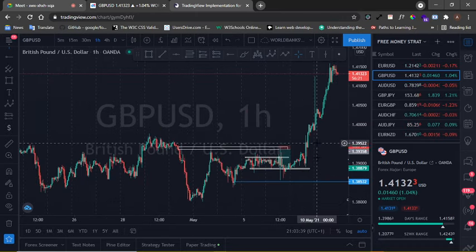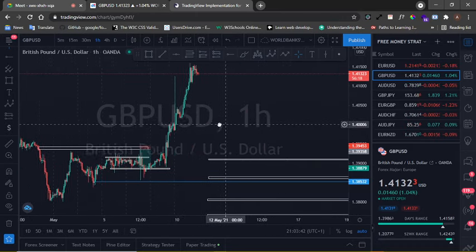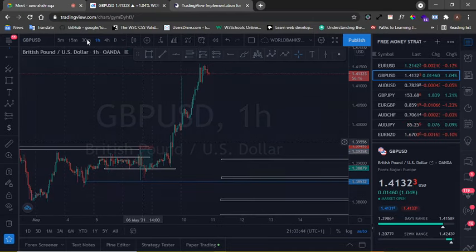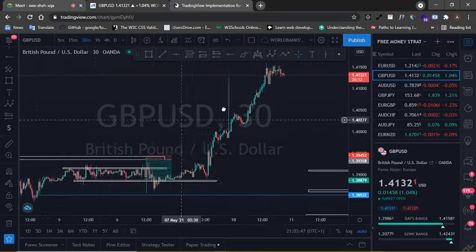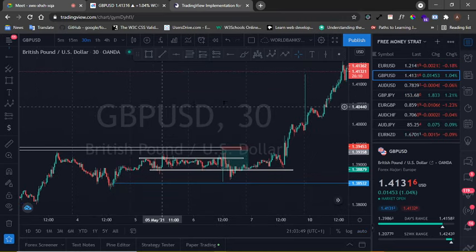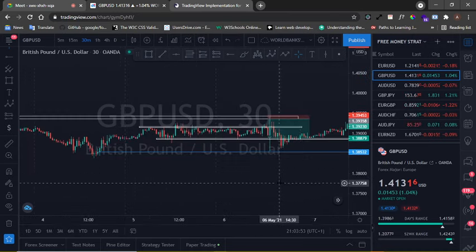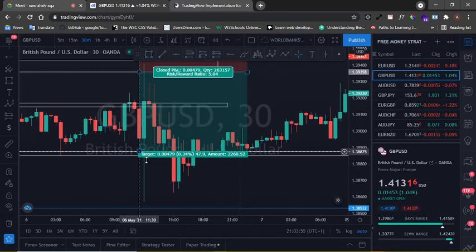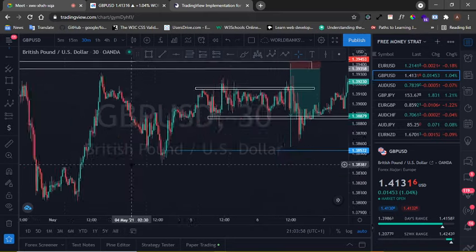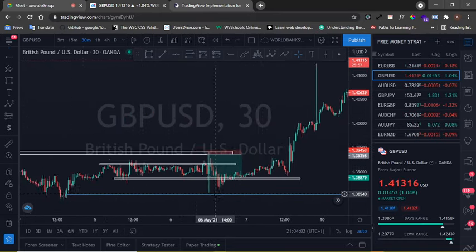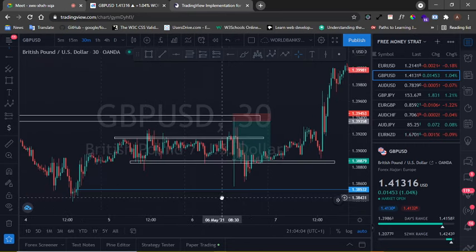Now there are sometimes that you see order block and liquidity together. For example, let me take it back to that 30 minutes. Let's say you are seeing an order block somewhere here.